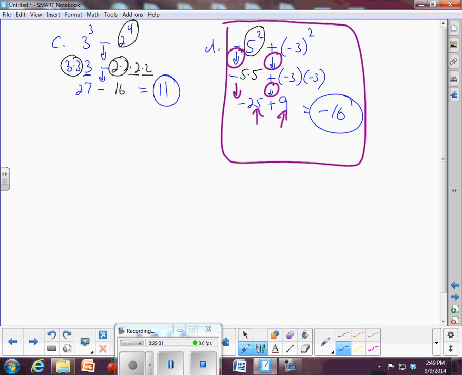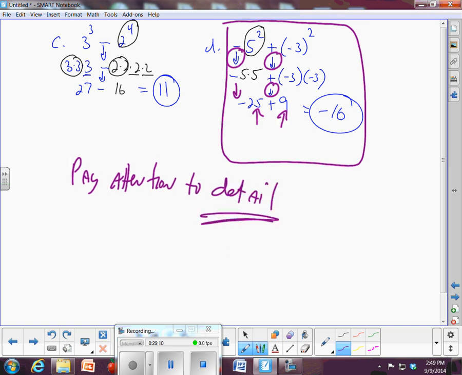I'm trying to get you to pay attention to detail, right? Those that don't pay attention to detail can struggle in their math. Unless you're a genius, and I hate to say it, class, but most of you are not geniuses, okay? So instead, we have to be orderly in what we are doing. And so procedure helps. You've got to pay attention to detail.